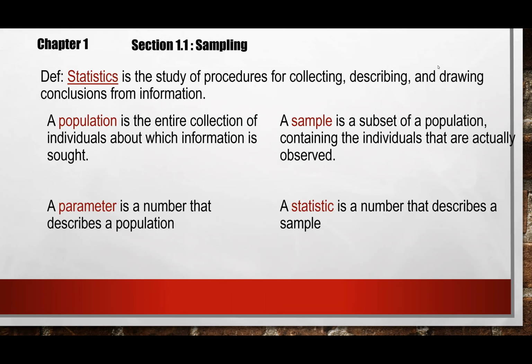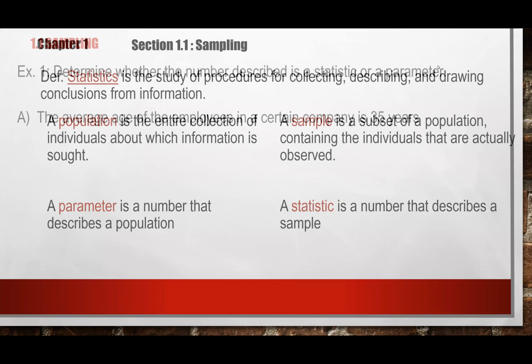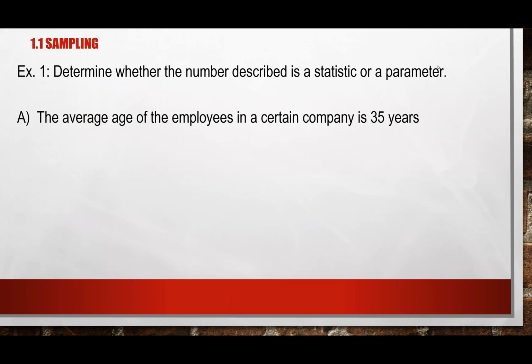Okay, so again, your goal, as you will see, or if you start the homework already, this is the typical question that they ask you: determine if this item, the average age of the employee in a certain company is 35. So the 35 years old is the age of the employee, right? The average age, right? Looking at this, what does this number represent?